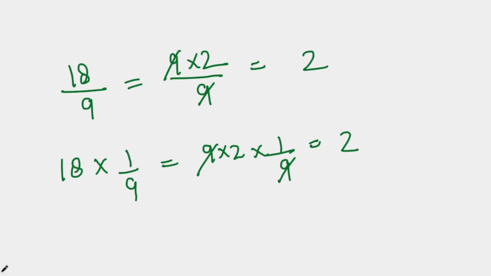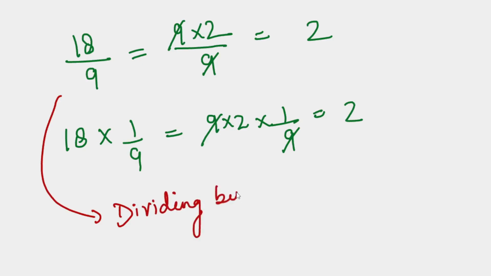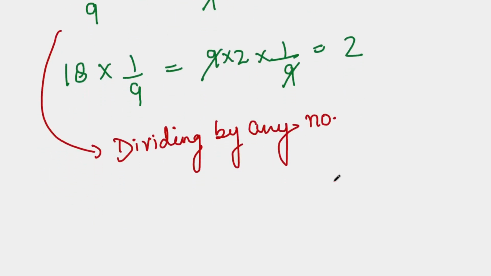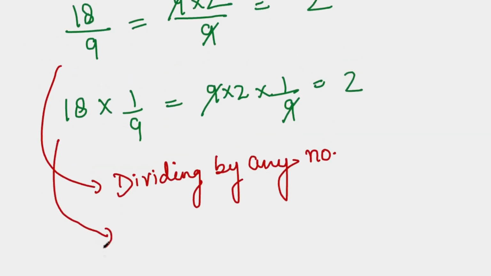Okay. Now, you must be wondering what exactly is this. If you see this, we are dividing the same number in both the cases, right? We are dividing 18. So you can say dividing by any number, and what does this reflect?